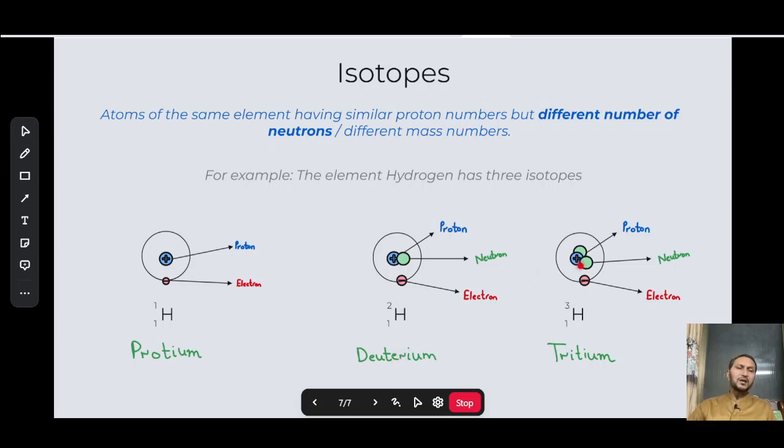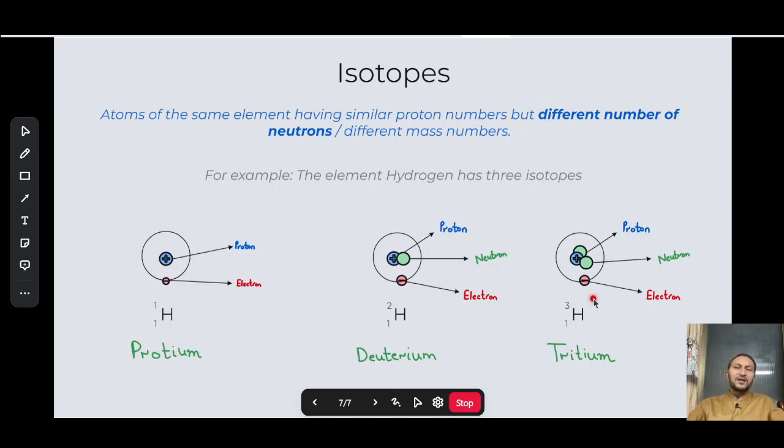And this one is named tritium because it has 3 particles, 1 proton and 2 neutrons, so 3, tritium. Proton number is the same, 1, 1 and 1, but the mass number, nucleon number, is different: its mass number is 1, then 2, and then 3. So this is the concept of isotopes.